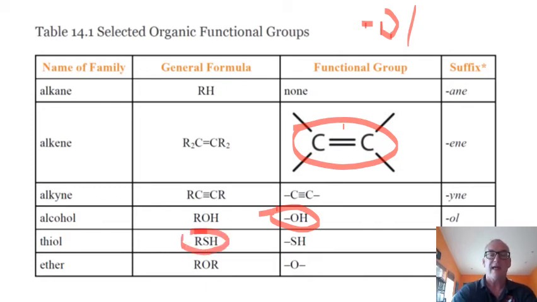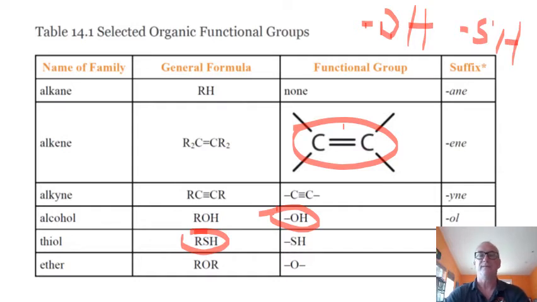Thiols, instead of having an oxygen with a hydrogen, have a sulfur with a hydrogen. And we know that sulfur is bigger than oxygen. And so sulfur actually is more reactive than oxygen in these sorts of reactions where electrons are pushed around from one place to another.